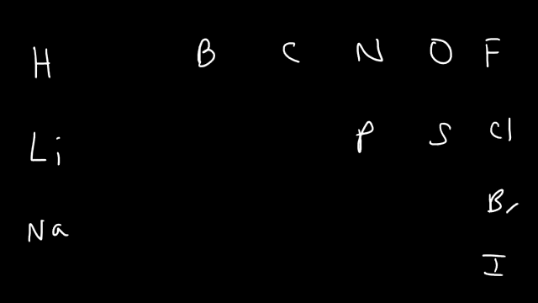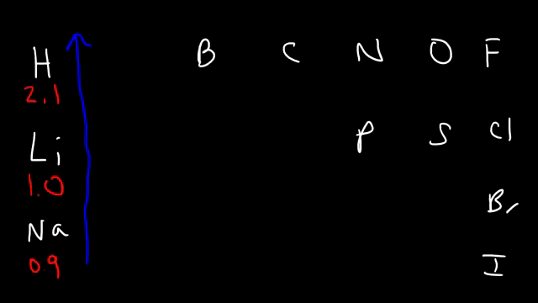So the electronegativity value for hydrogen is 2.1, and for lithium it's 1.0, and for sodium it's 0.9. So notice that the electronegativity increases as you go up across the periodic table.